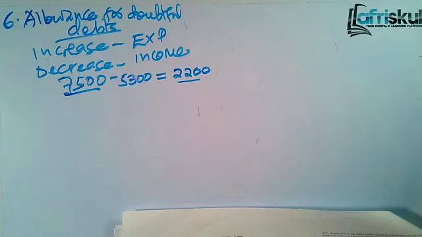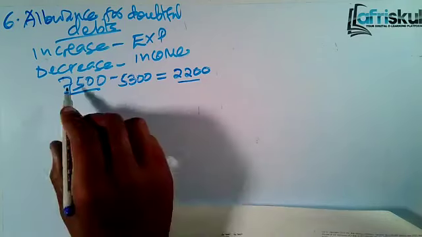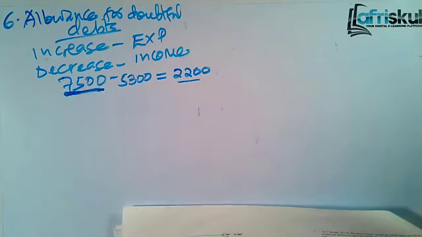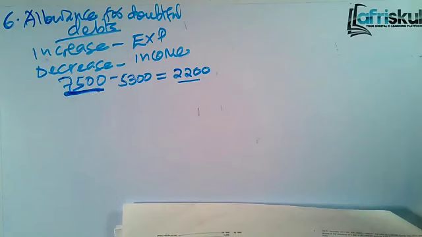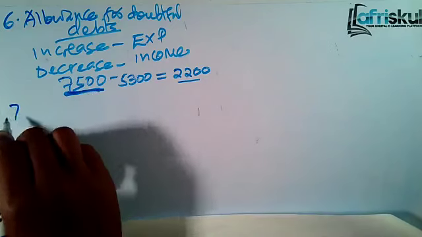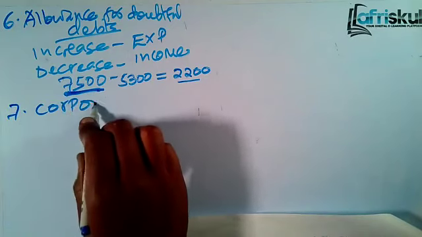Because when you are preparing the debtors account, you have already included these amounts, so where these amounts were increased to, you as well reduce on the trade receivables. Now the next one is on the corporate tax, that is number 7.